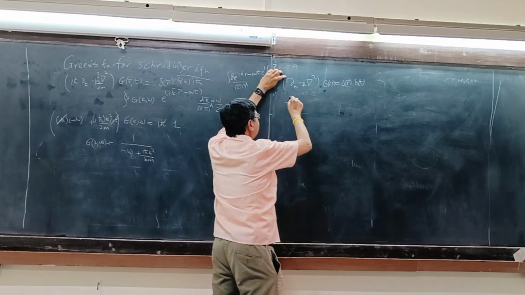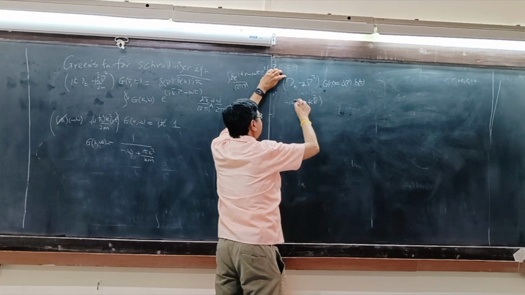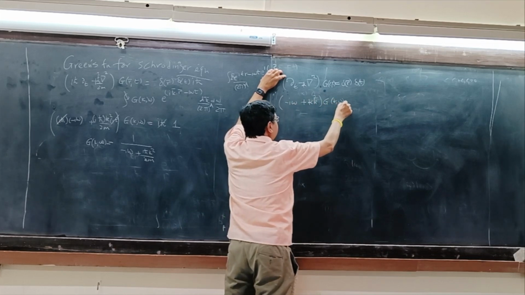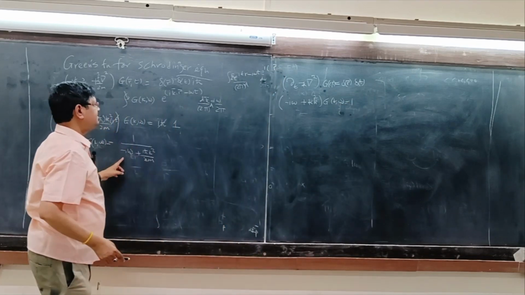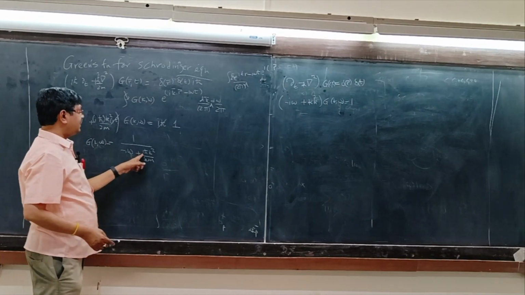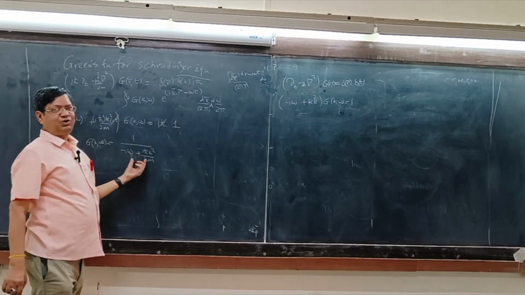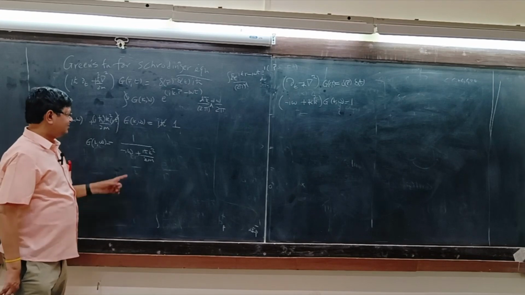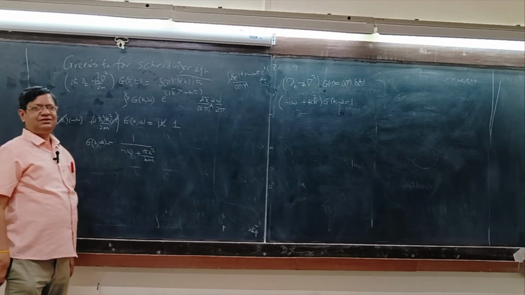This will give me minus i omega, and minus minus becomes plus kappa k squared. So this minus i omega is the same, but here there's an extra i sitting there. So kappa is replaced by i h bar by 2m. That's the only difference. So you replace kappa by i h bar over 2m and get the same solution.